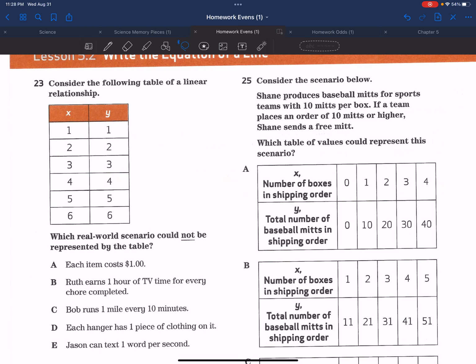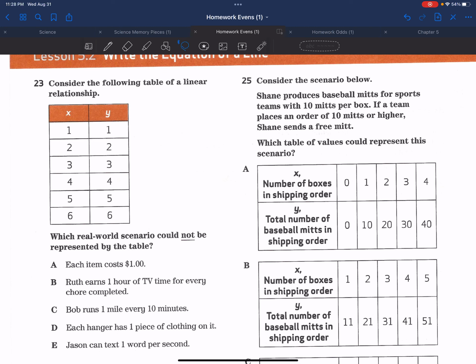Now, if I were taking a test and I could see that that was the slope, I would not have worked that out. Slope is positive 1. Which real-world scenario could not be represented by the table? Each item cost $1.